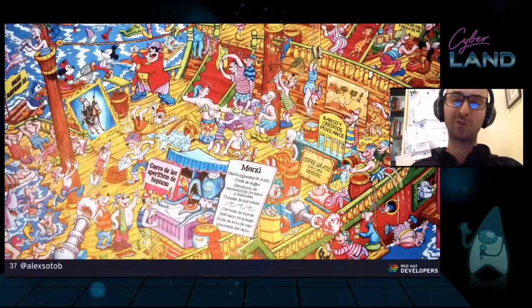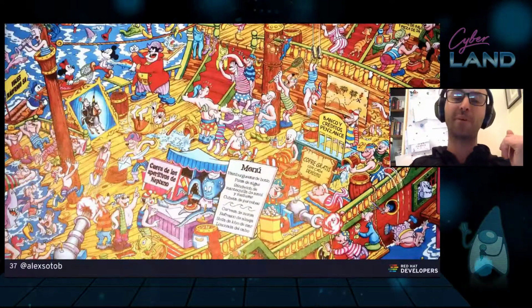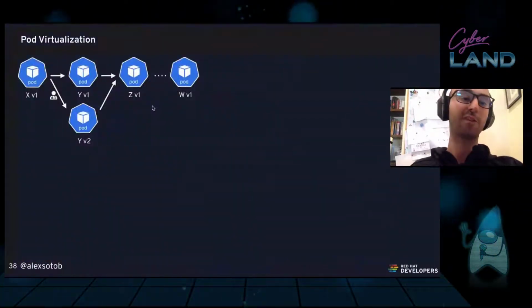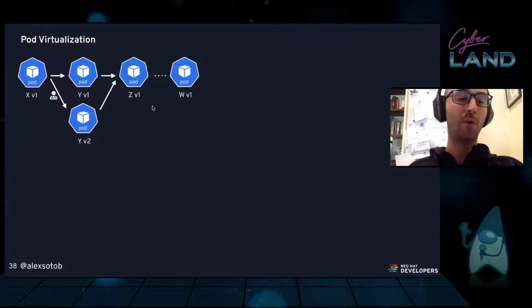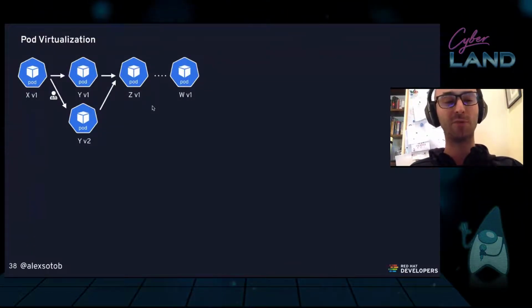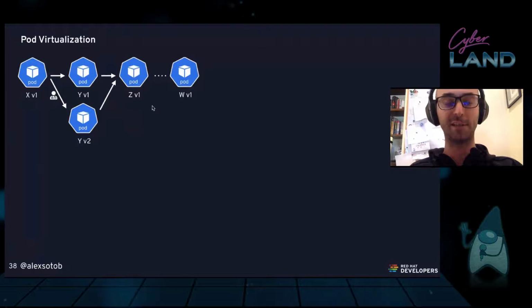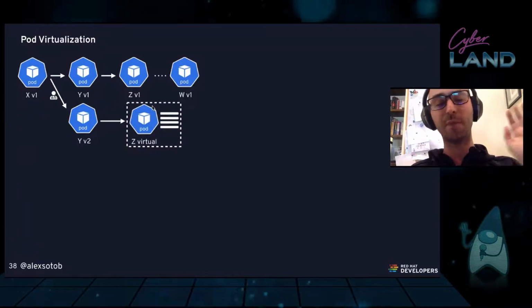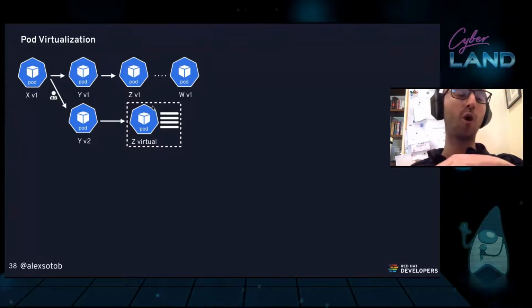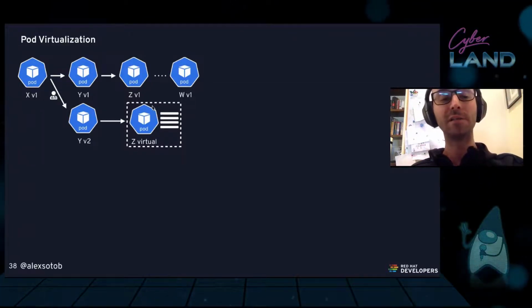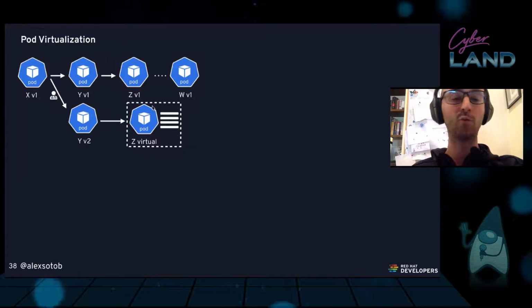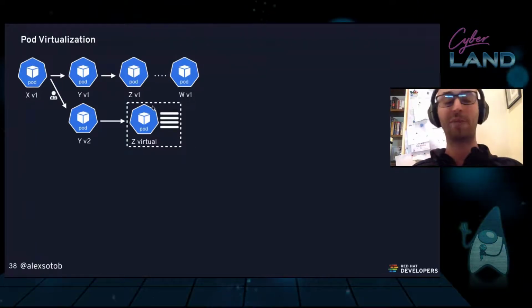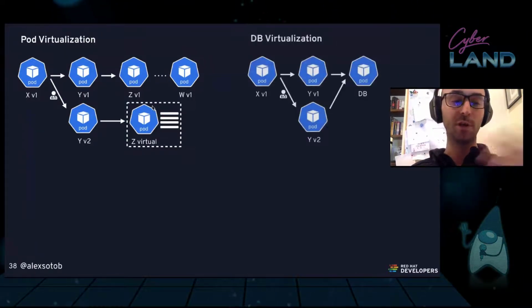It also helps you to implement some kind of testing in production. Helps you, for example, in doing pod virtualization. What's happening if I have a new pod and I just want to isolate this pod for testing? Then I can just create a virtual pod and just magically reroute all the traffic instead to the Z pod to a virtual pod. We just have some kind of canned answers.